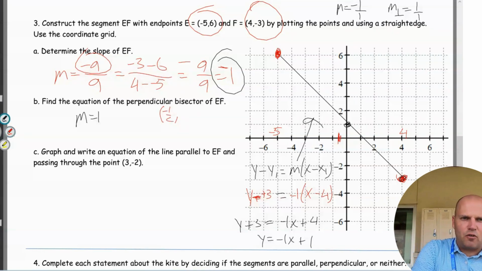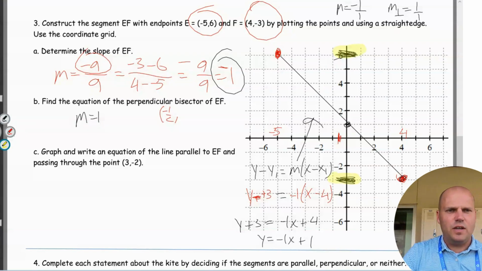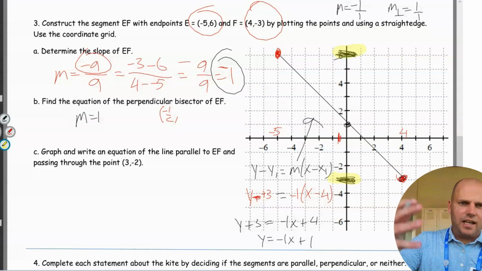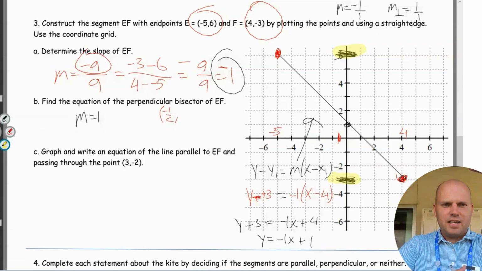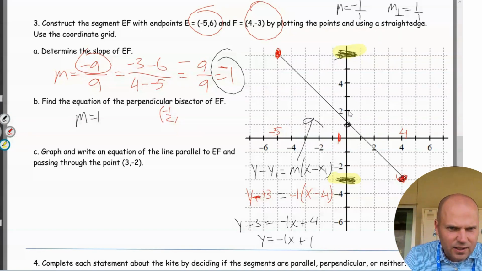Now let's find the middle of my y's. Well, my y's are at 6 and -3. What is in the middle of the number 6 and -3? Well, I don't know. What we can do is find the average of them. You can kind of guess, does it look like it's going to be 2? Maybe it's around 2.